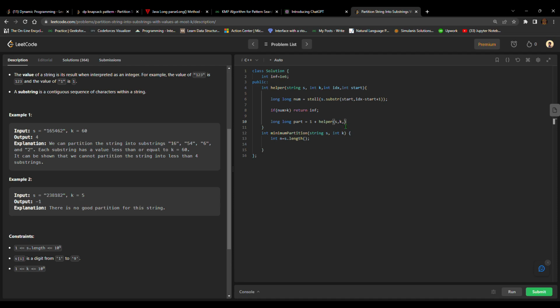So I would say that if this number is a part, and if I want to add this as a part of my number, so I would say helper, s comma k comma idx plus 1 comma idx plus 1, and that is it.